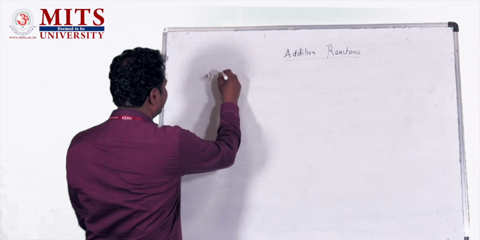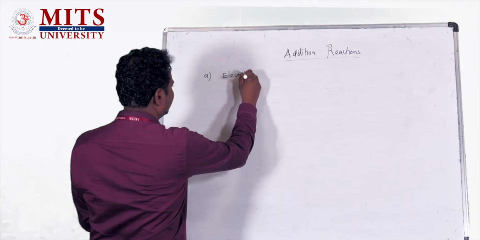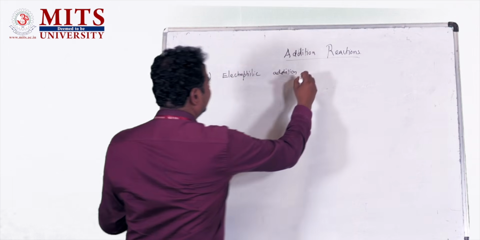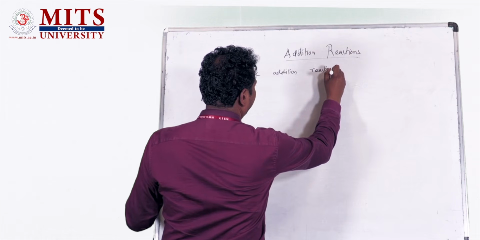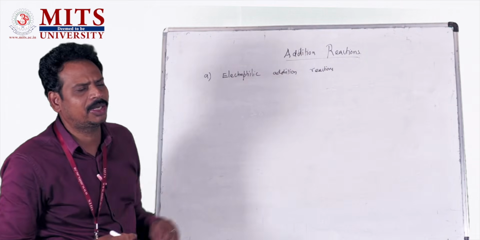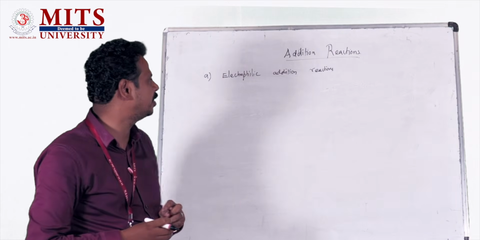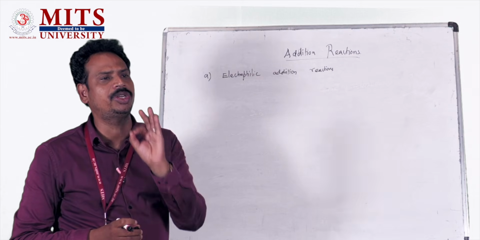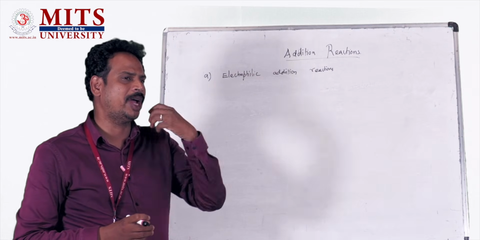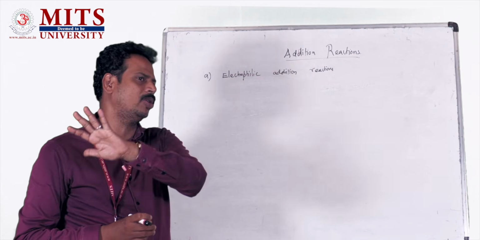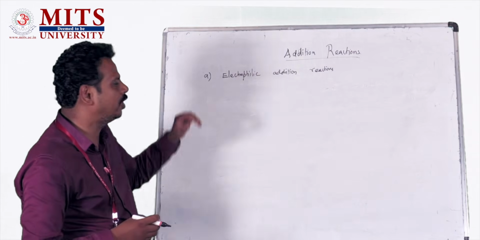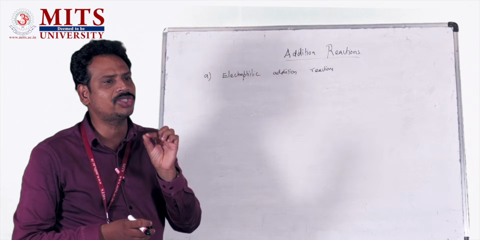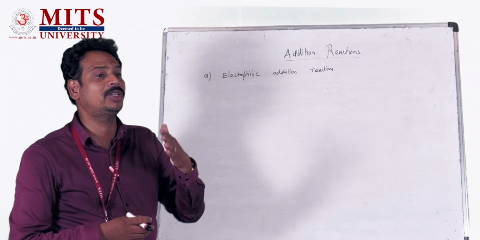The definition of an electrophilic addition reaction is a reaction in which the electrophile attacks the unsaturated carbon and adds across the pi bond.